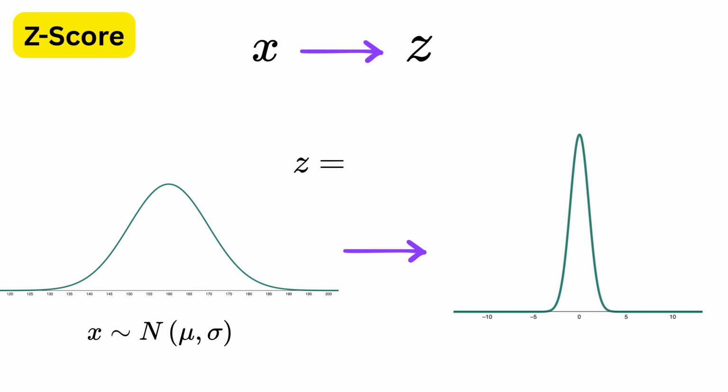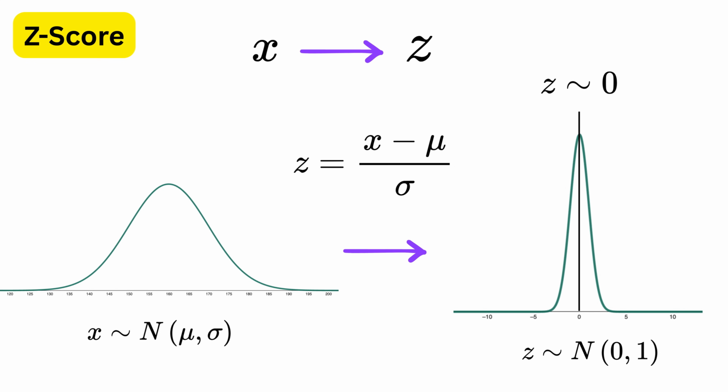The z-score is the number you get when you take x minus mu and then divide that result by sigma. By doing that, you get another random variable z, which now represents x, but in its standardized form, which always follows a normal distribution with mean mu equals 0 and standard deviation sigma equals 1.